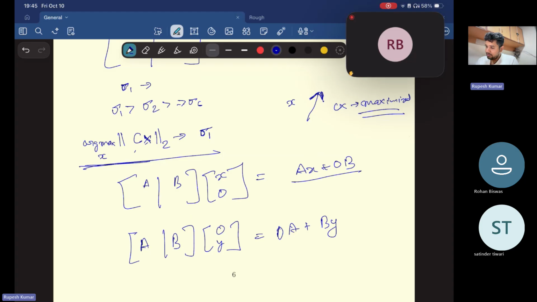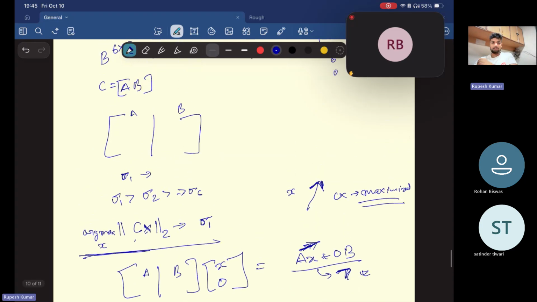Then from here we can say that the maximum stretching will be the largest singular value of A, which is sigma 1 of A. What is sigma 1 of A here? 7. So from here we can see that 7 is also achievable, right? 7 is the scaling that we can achieve from this kind of matrix.